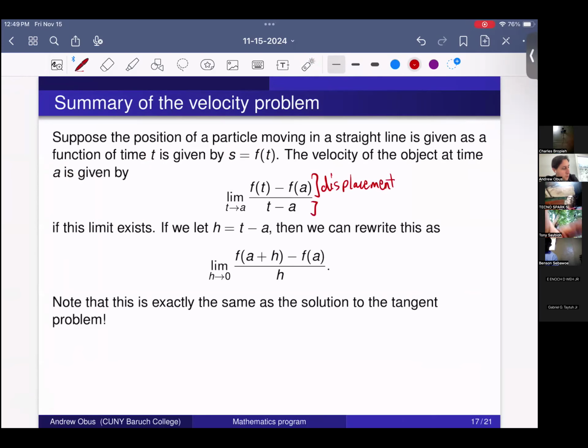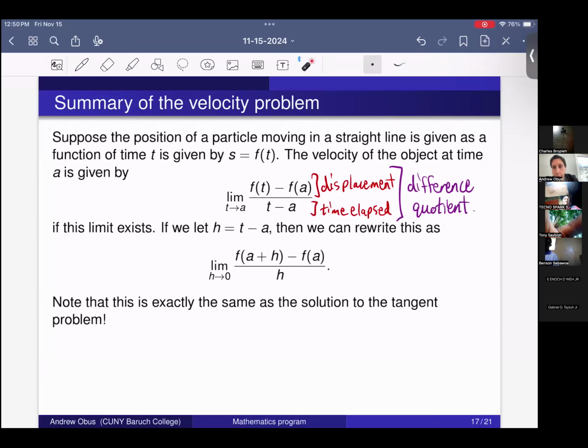And the denominator is the time elapsed. And this entire thing, the displacement divided by the time elapsed, is another one of these difference quotients. If this limit exists, that's the velocity of the object at time a.